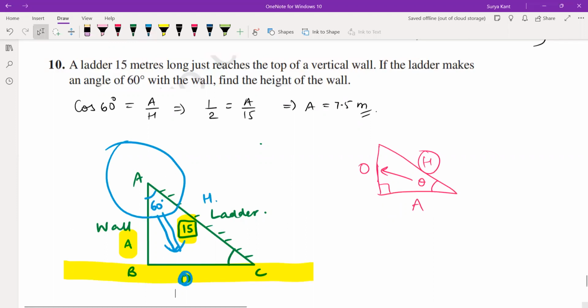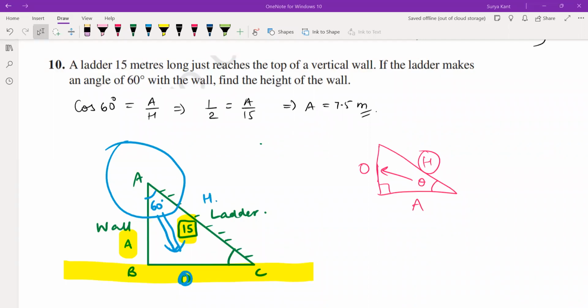So now question number 11. You have to simplify.